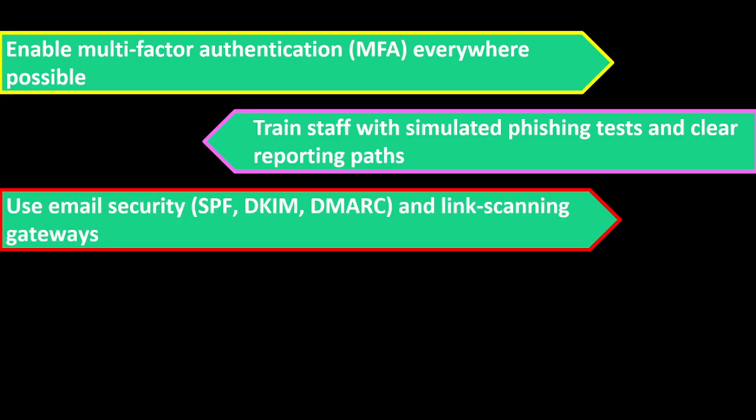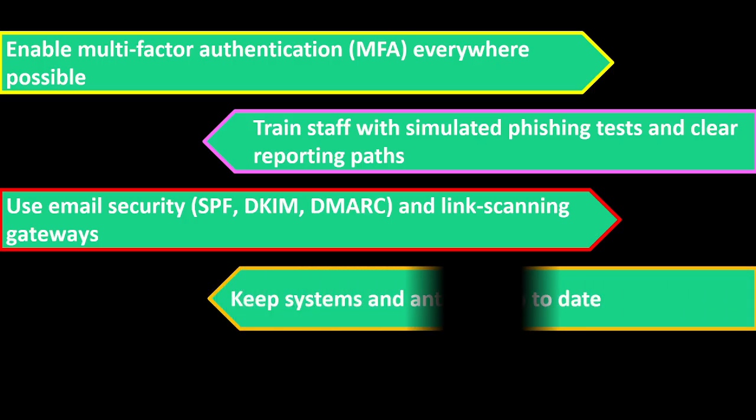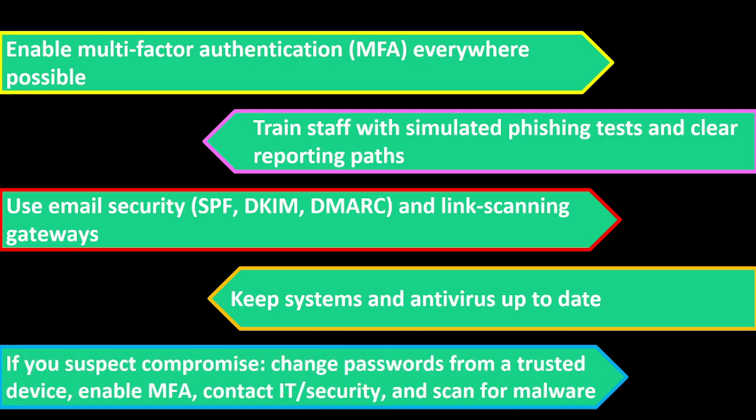Use SPF, DKIM, DMARC and link scanning gateways. These block fake emails sent under your company's name. So all these protocols help you block fake emails sent under your company's name. Keep software updated. Updates fix security holes that hackers often exploit. Report suspicious emails. Don't ignore or delete them. Report them. It improves filters for everyone.